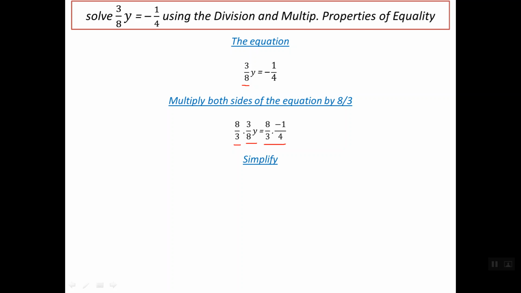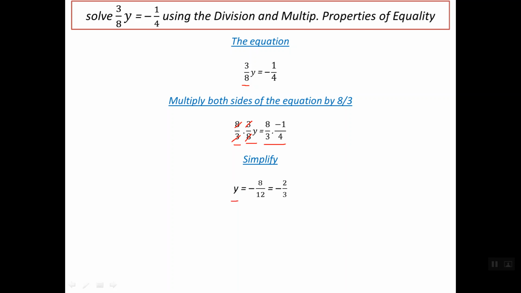So now we can simplify. If you multiply any number by its reciprocal, you will get 1, or simply you can cancel the 3 with the 3 and cancel the 8 with the 8. So you will have the y alone.